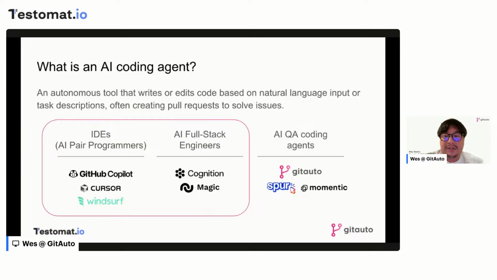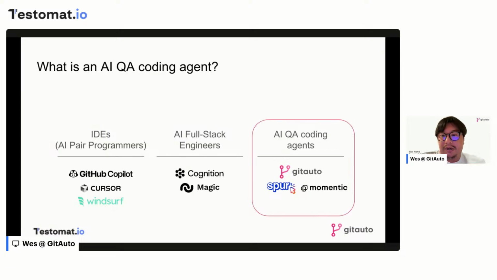In real life, generalists and full stack engineers aren't always the best choice, because specialists, like QA coding agents, often outperform them in single, focused areas. So I believe AI full stack agents will evolve the same way human engineers did, towards specialization, right? That's where the real impact will come in.